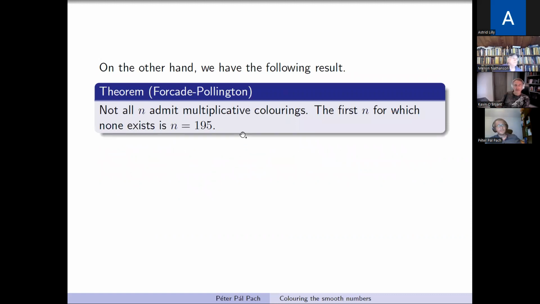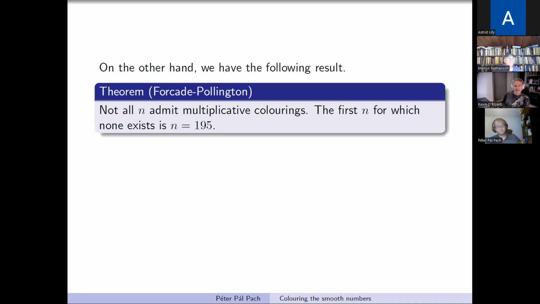So there exist numbers, for instance, 195 is such a number, where this group theoretic approach doesn't work. It is not possible to extend this partial multiplication table into the complete multiplication table of an abelian group.